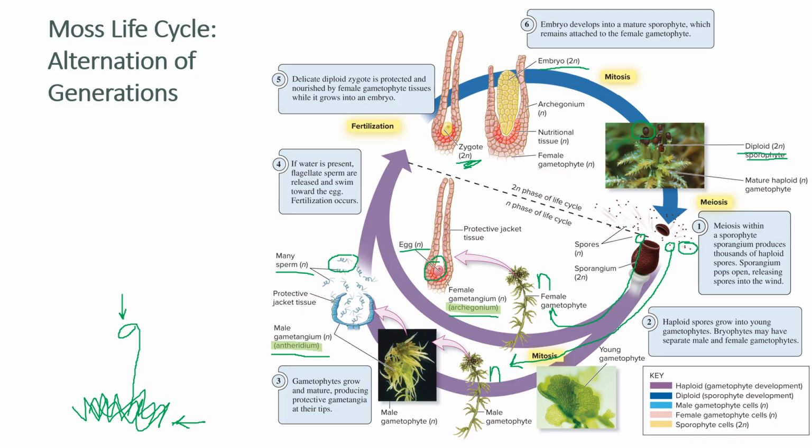But I would suggest writing down each of these steps, and then you'll have them in your notes. In your study guide packet, you should have an alternation of generations. If you do not, you can go to your skeletal outline notes, and there will be one there that you can use.